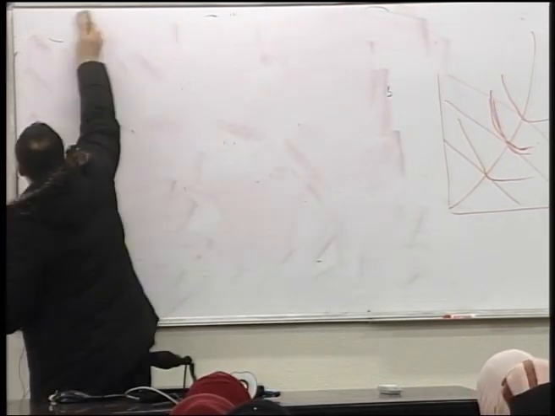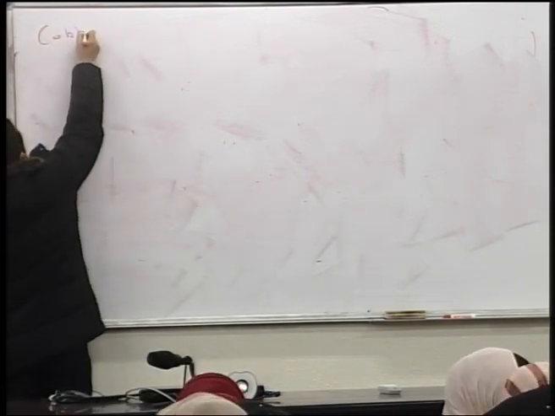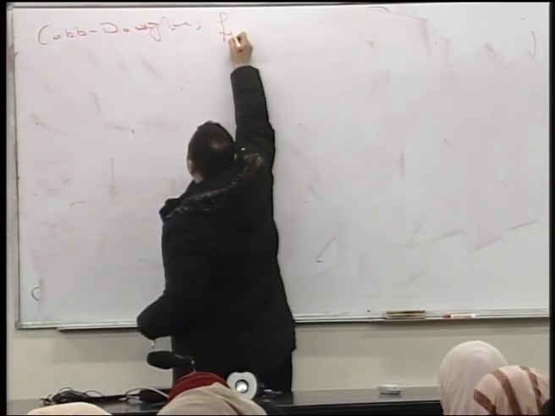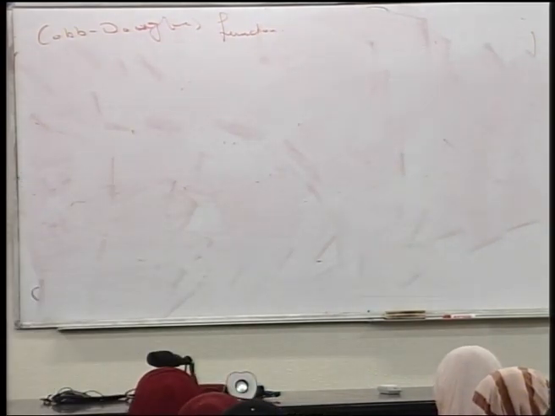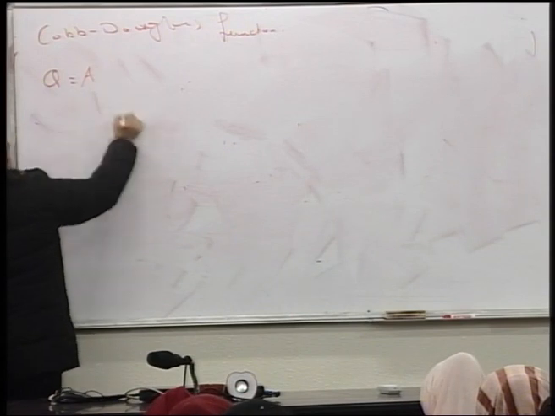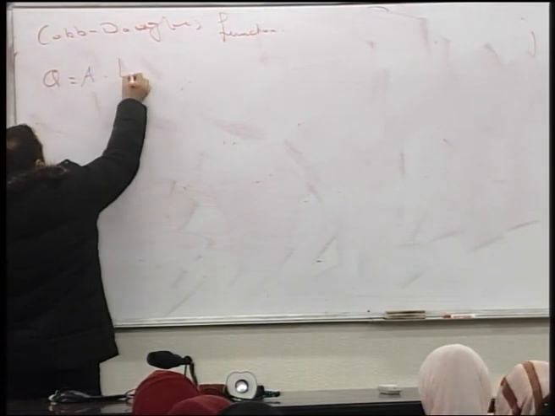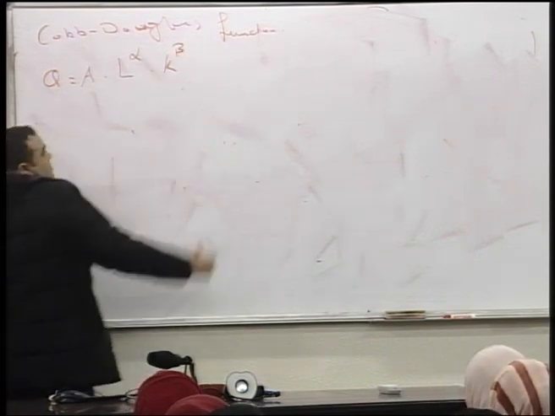The Cobb-Douglas function. Q, the outputs, equals A, which is constant here, times L raised to the power alpha, times K, capital, raised to the power beta.